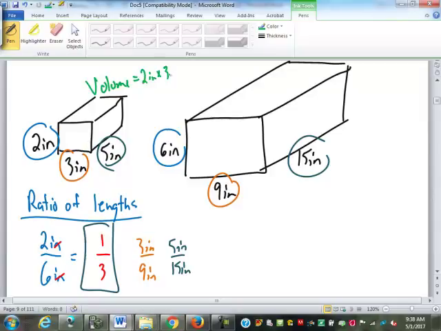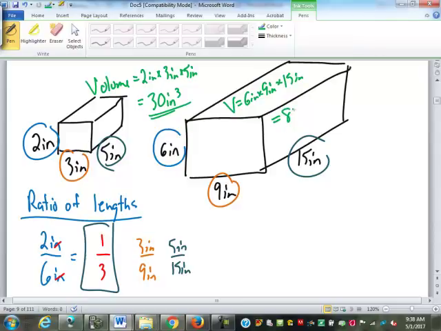Well, that's 2 inches times 3 inches times 5 inches, otherwise known as 30 cubic inches. This volume over here, though, is 6 inches times 9 inches times 15 inches.